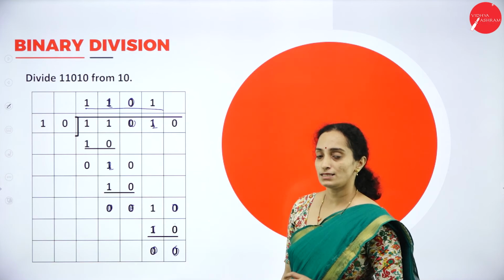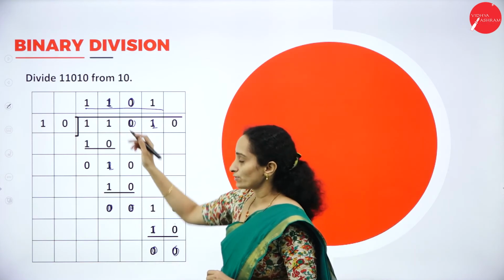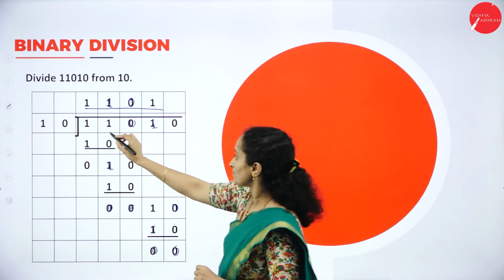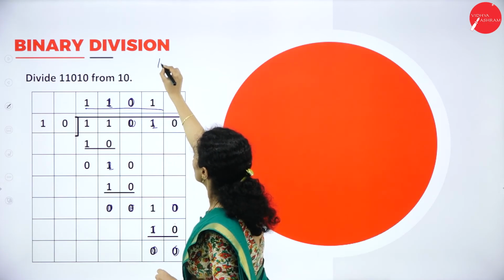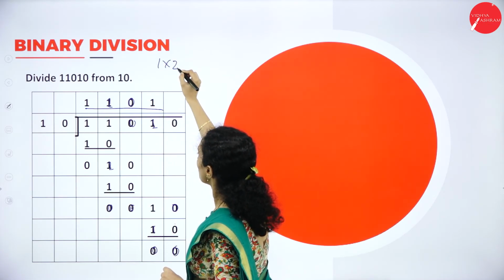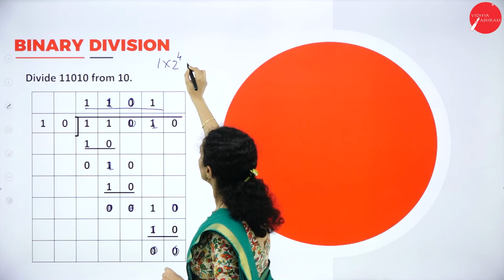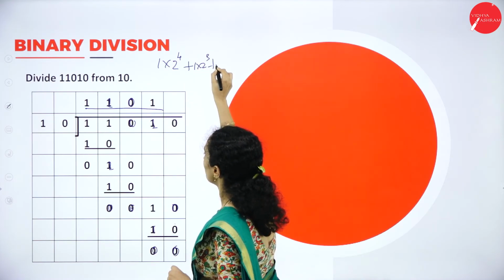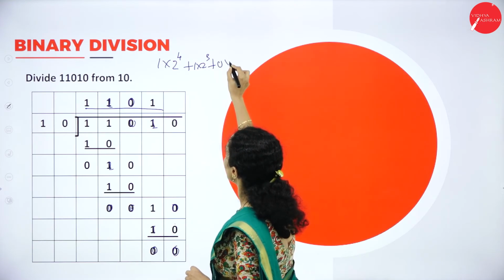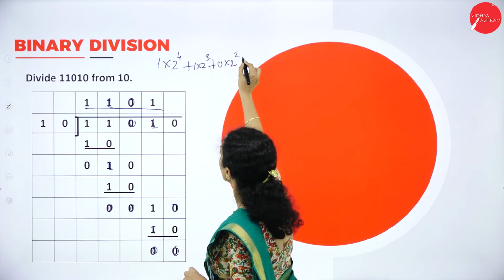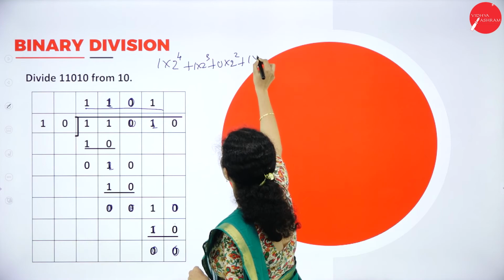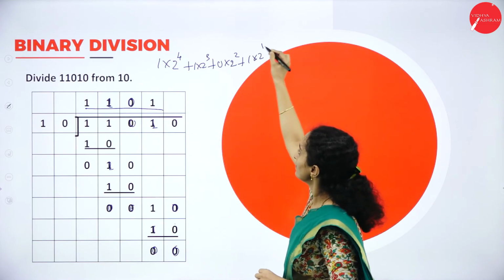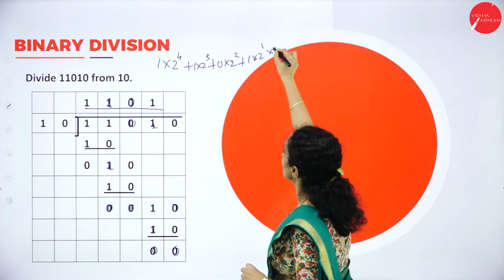1101. When you check with the decimal system, 11010 will be 1 into 2 to the power of 4, 1 into 2 to the power of 3, plus 0 into 2 to the power of 2, plus 1 into 2 to the power of 1, plus 0.